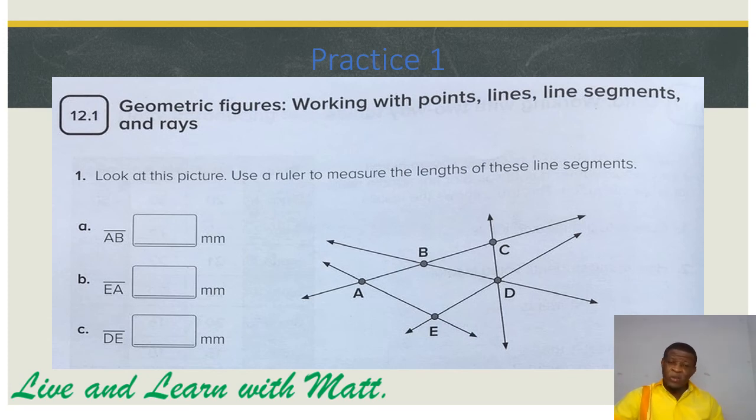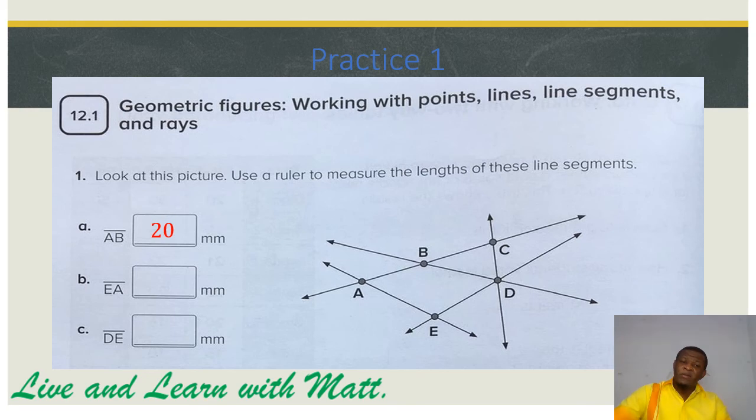Now let's go to the practice. Practice number 1. Look at this picture. Use a ruler to measure the length of these line segments. So line AB, what do you get? 20 millimeters.